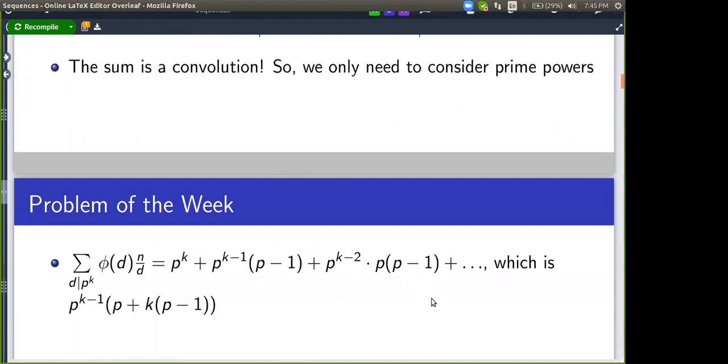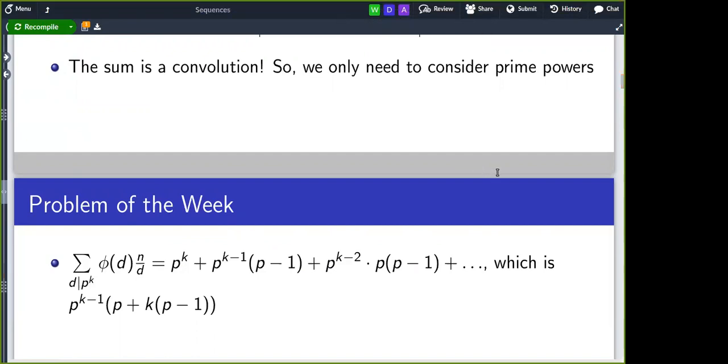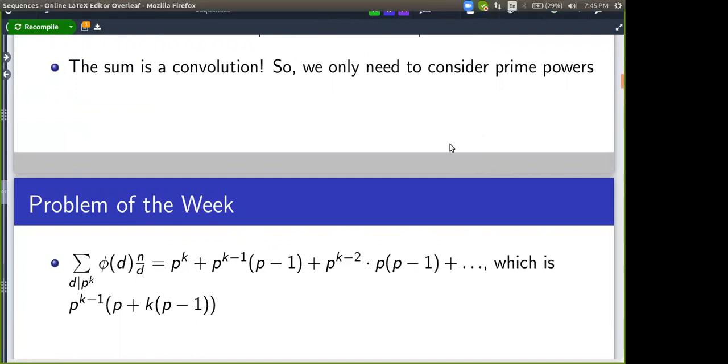When we plug in d equals p, n over d becomes p to the k minus 1, and phi of d becomes p minus 1. Now every time we increment d's exponent by 1, n over d is going to decrease by a factor of p, and phi of d is going to increase by a factor of p. So all the terms besides the first one are going to be p to the k minus 1 times p minus 1, which makes the entire expression as a whole p to the k minus 1 times the quantity p plus k times p minus 1.